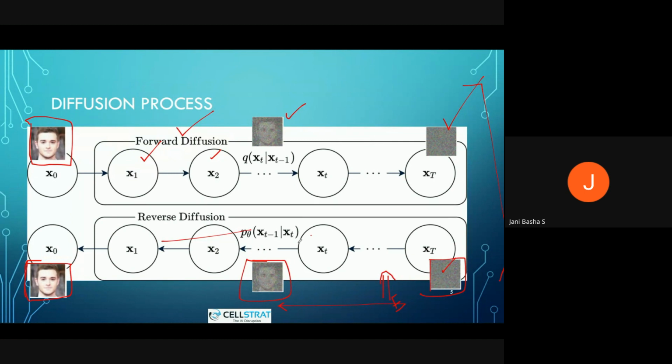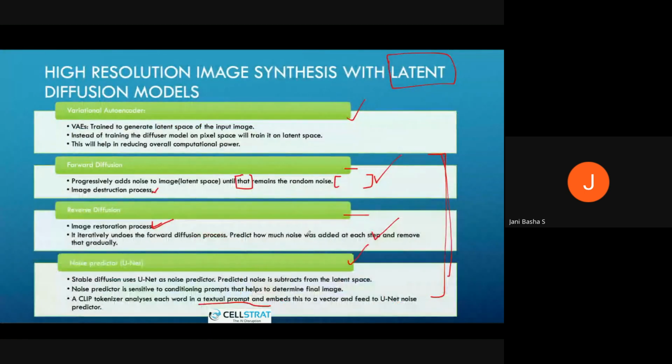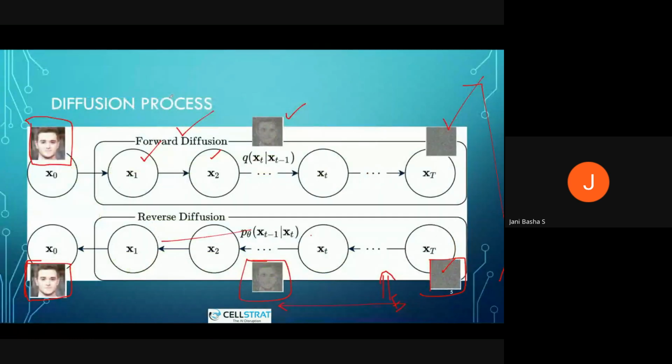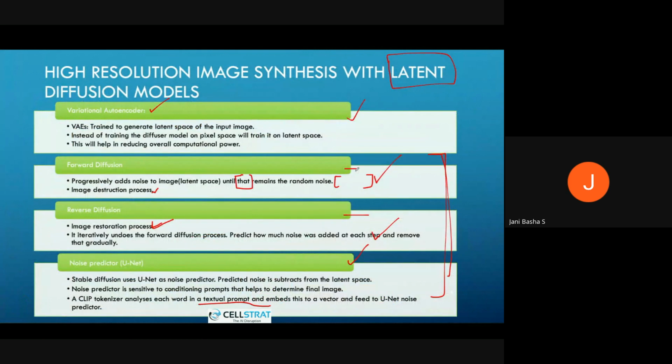To reduce that computational power, we are using variational auto encoders here, wherein before even starting this diffusion process, we'll run the variational auto encoder to downsample, or we can say generate the latent space.